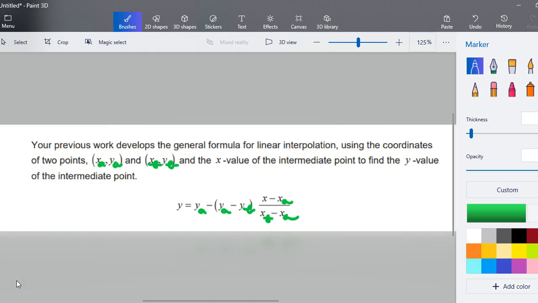And you would not need to memorize this formula, but what you would need to do is know how to, when given 2 points, label them. Label one X sub A, Y sub A, and the other X sub B and Y sub B. And then there would be an intermediate point pointed out.